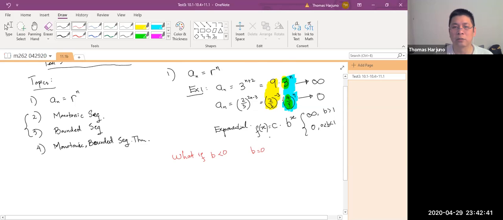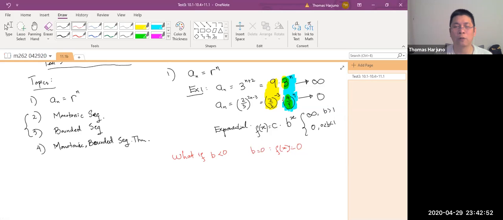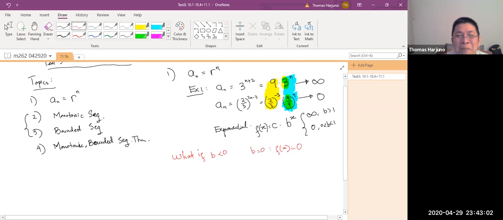Nothing to discuss, because if b equals 0, we have f(x) equals 0. If b is 0, then the whole function is 0, then the sequence is actually dead on arrival. The sequence is already 0 since the first term. Okay, now, but what happens if the b is negative?